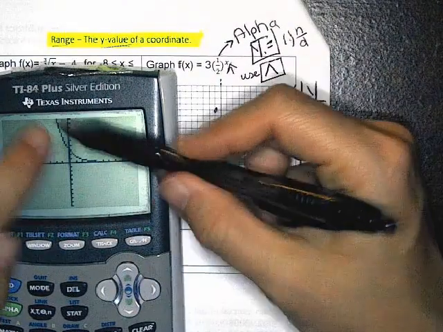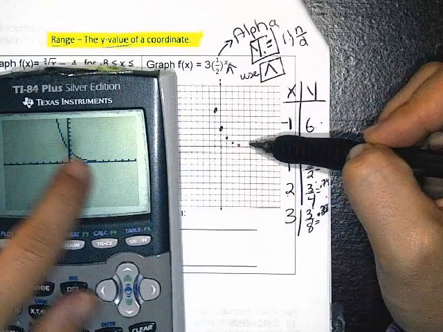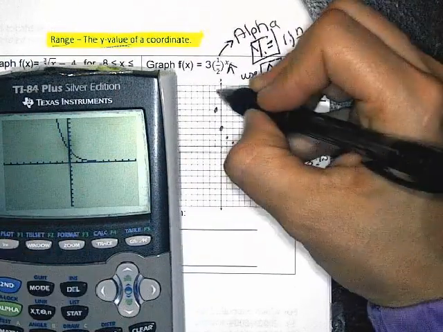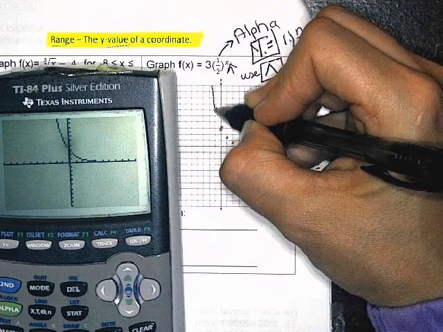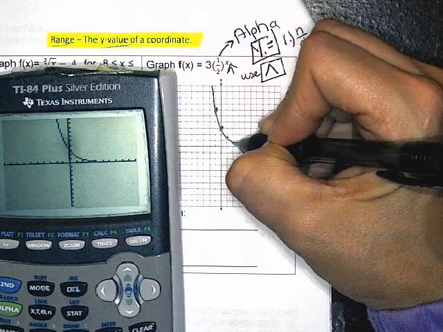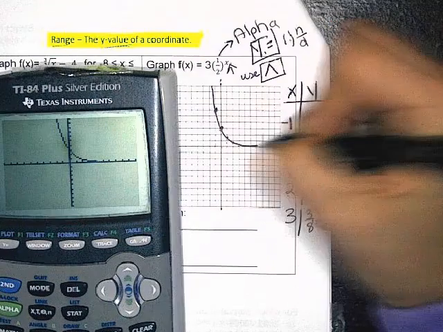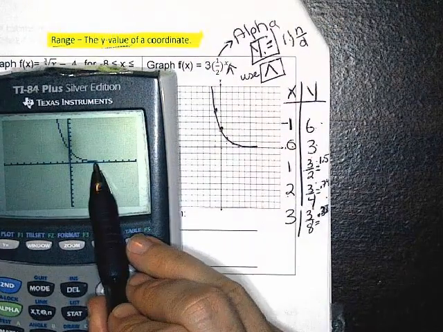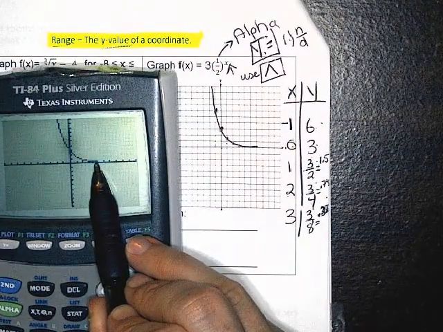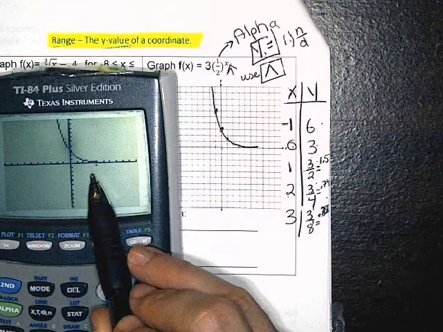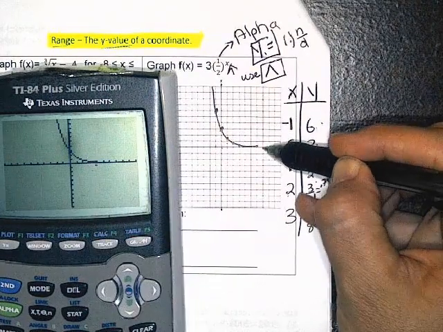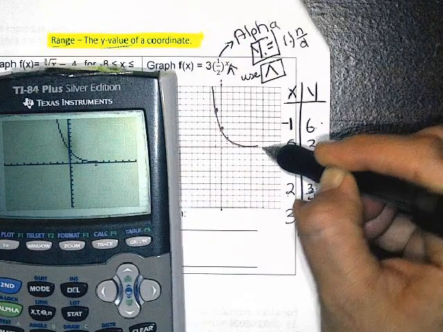I have enough points to sketch this. So I can start up here, come down to this point, go out to these points, and then go this way. Notice you can't see much more after here, because it's getting closer and closer and closer to the x-axis, but it's not touching it.